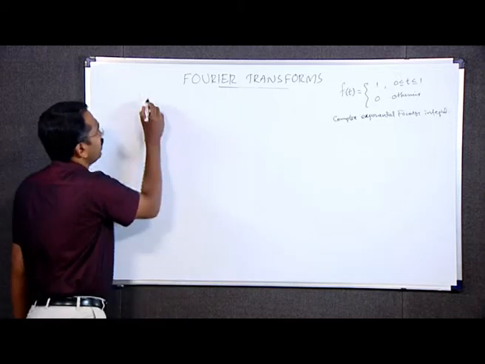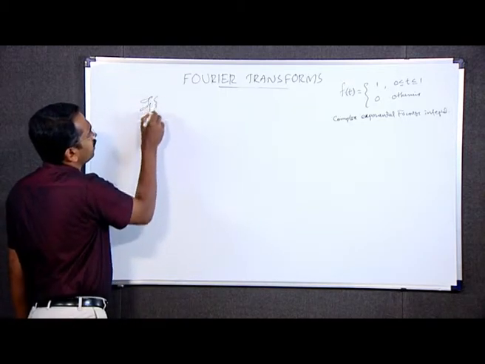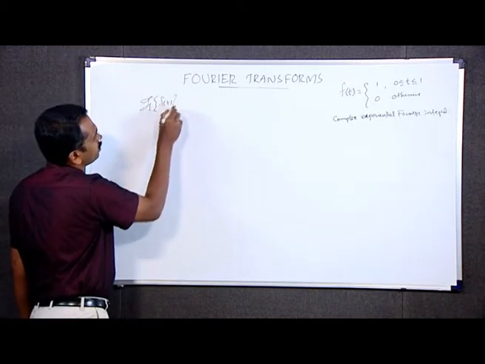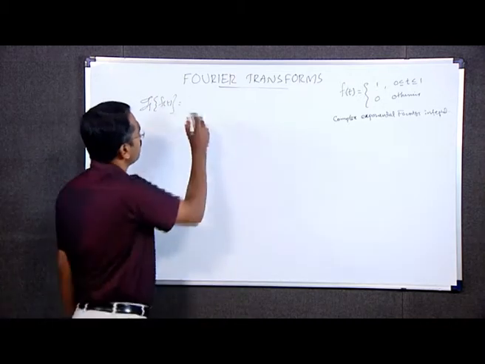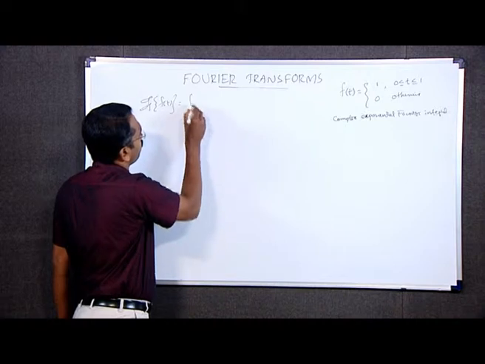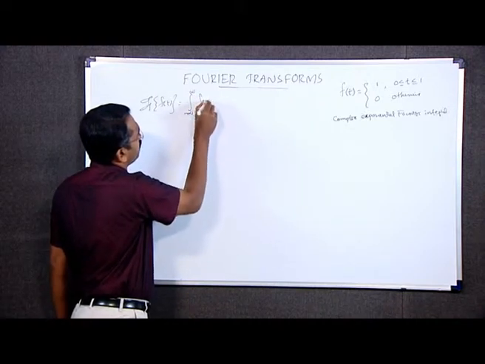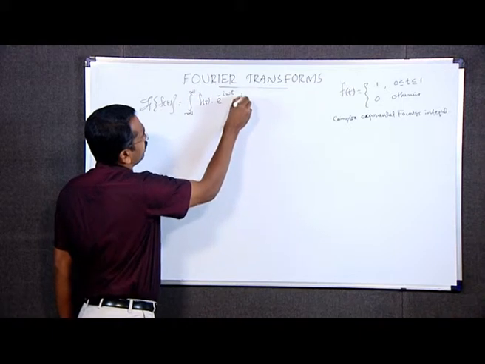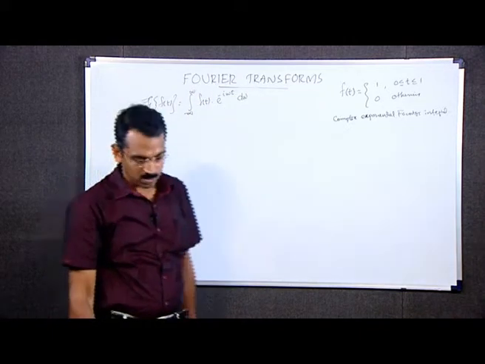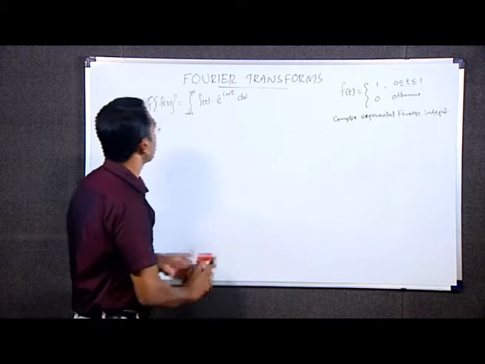By the definition, the Fourier transform of f of t is equal to integral from minus infinity to infinity f of t into e raised to minus I omega t dt.